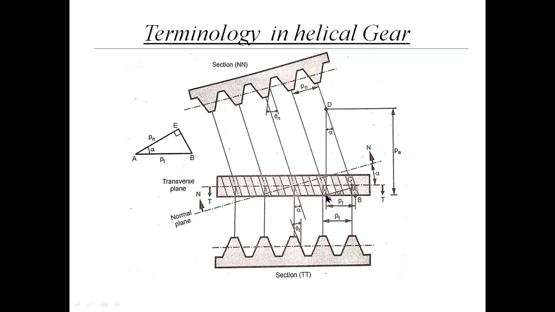Consider this point A on this tooth and the corresponding point on the adjacent tooth, this point E. So AE, this distance, is the normal pitch.